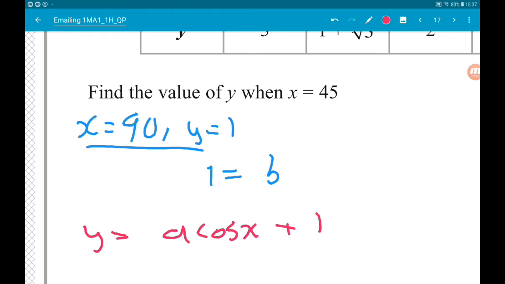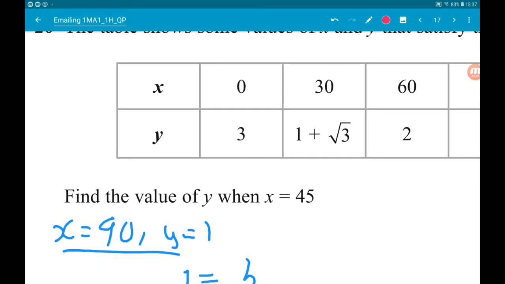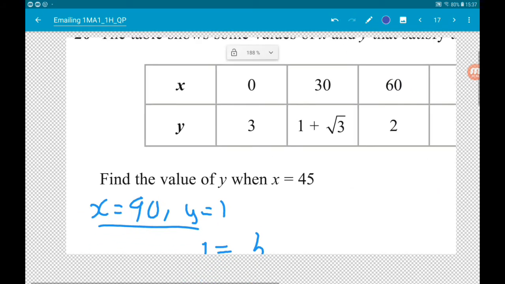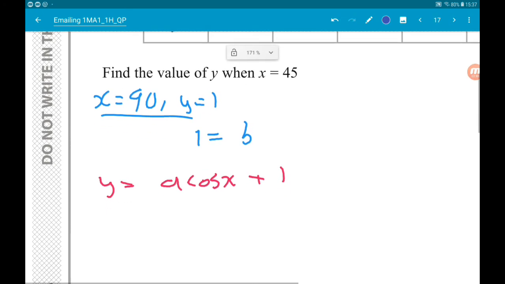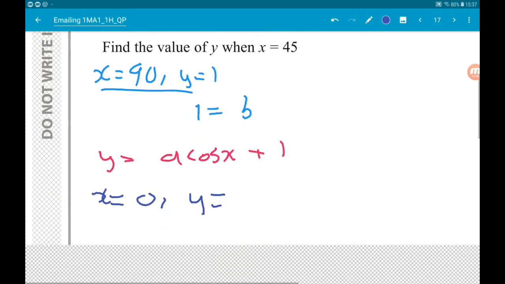So now we need to find the value of a. Cos of 0 is quite nice. Cos of 0 is 1. So let's say when x is 0, the value of y is 3.